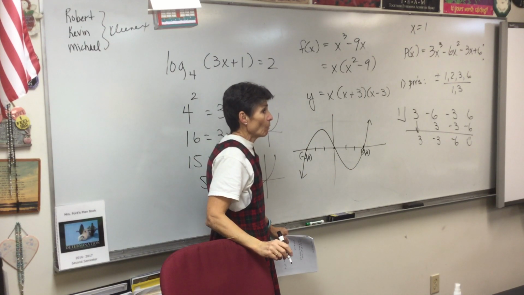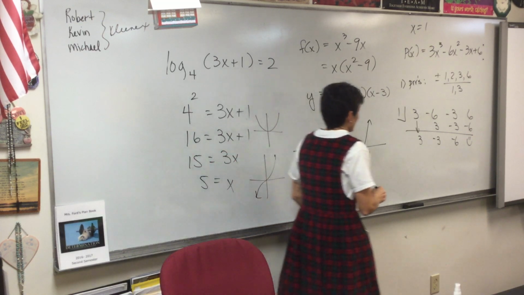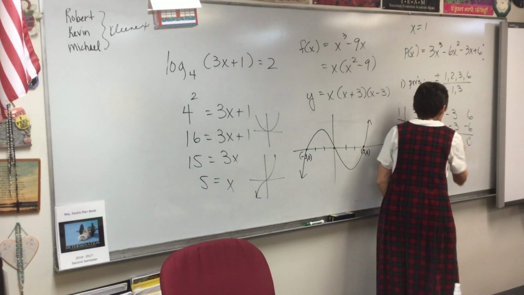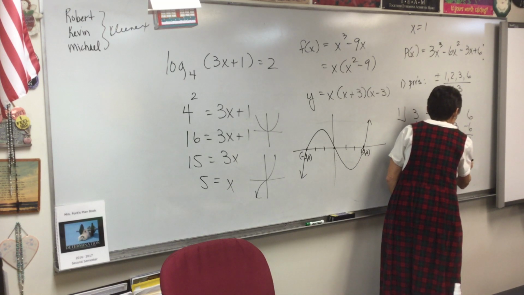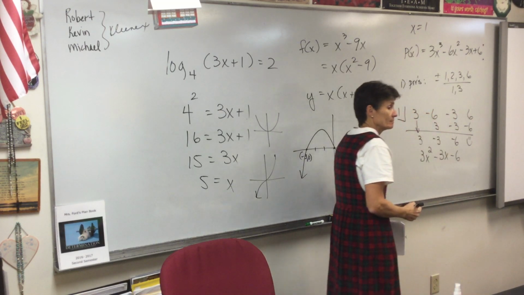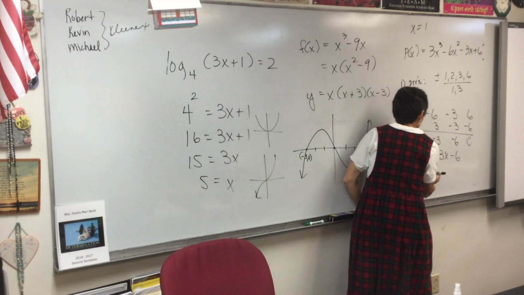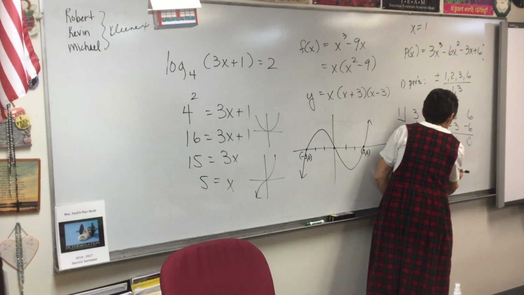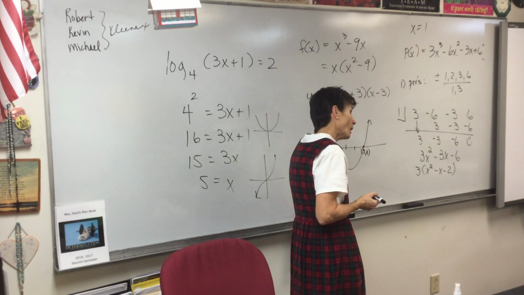Now where am I going to get the other answers from? I have to put the x's back in this, and look at this. So this is going to be 3x squared minus 3x minus 6. Might want to pull a 3 out of that. And then what?